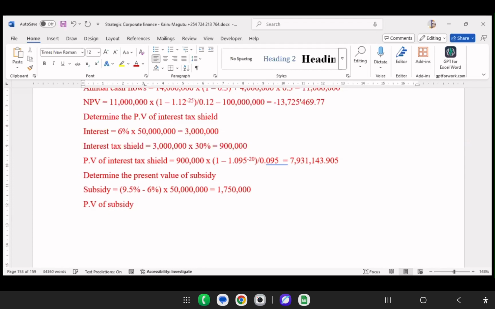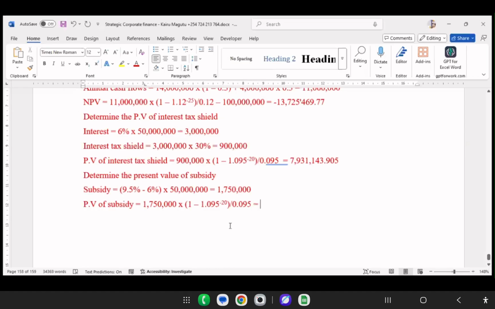The present value of the subsidy is equal to that amount we multiply by, open a bracket, 1 minus 1.095 power negative 20 for 20 years, close the bracket, divide by 0.095.